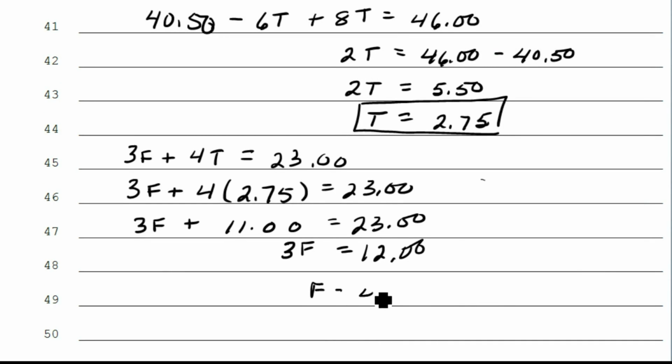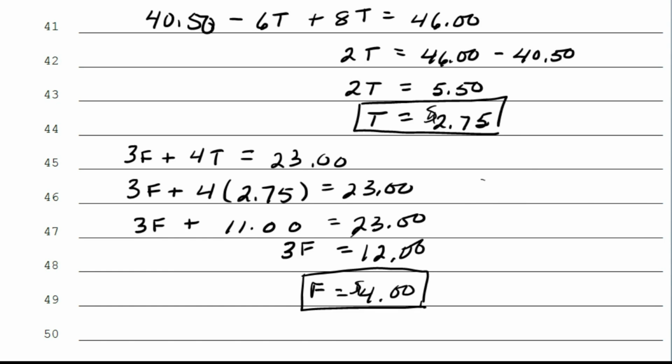And F equals $4. Divide by 3, both sides divided by 3. The Ferris wheel tickets cost $4, and the Tilt-A-Whirl tickets cost $2.75.